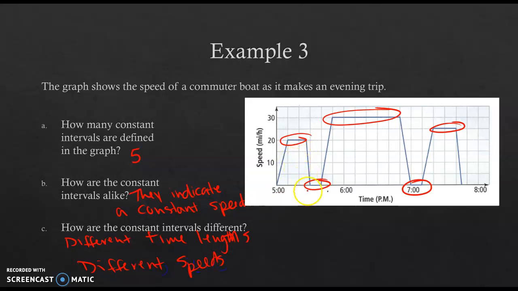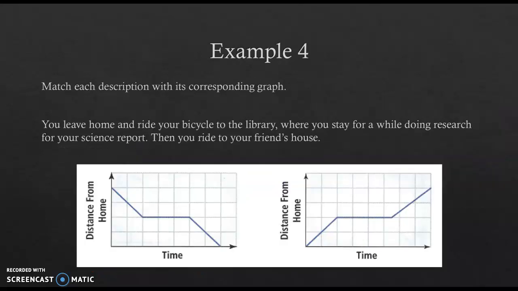So we have some speeds at 0, this one's at 20, at 30, and at 25. So we have 5 constant intervals, but they are happening at 4 different speeds. Oh, I misspoke. That was not the last one.